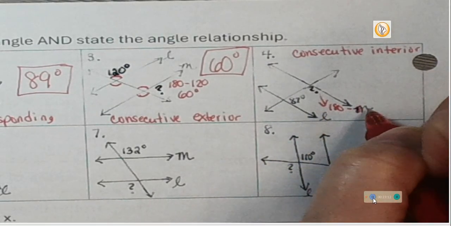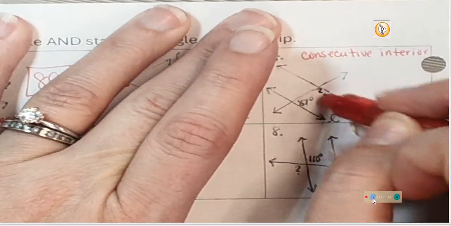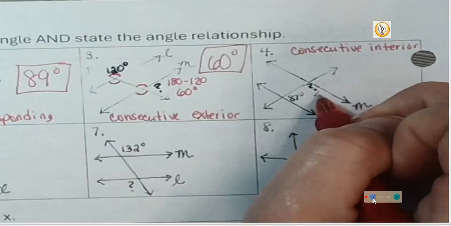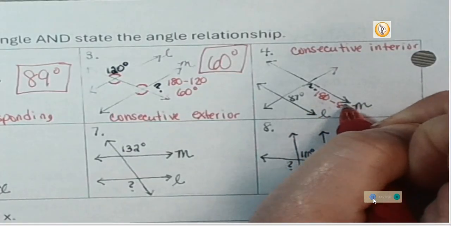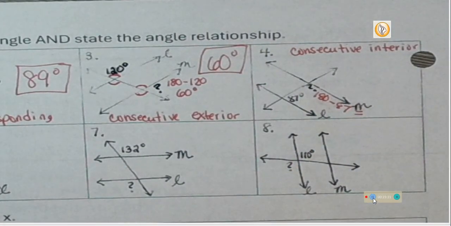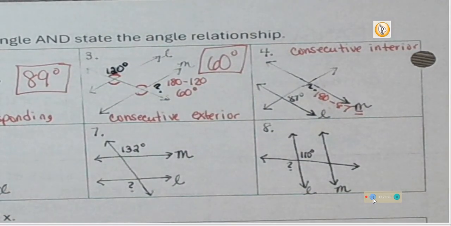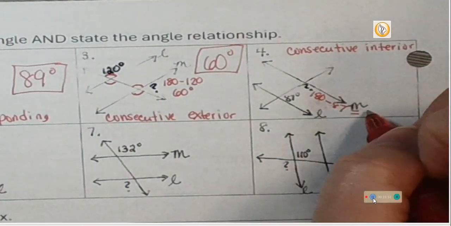You're going to do 180 degrees minus 87. Here's my calculator. 180 minus 87 is 93 degrees.